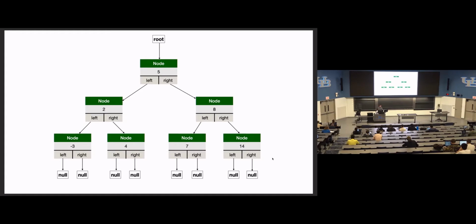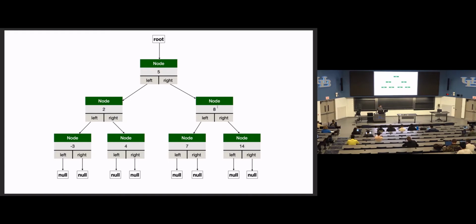So this is a tree where the root node, and the root is like the head of a linked list, is the node that starts the whole tree. The root node has the value 5. Its left child has the value 2. Its right child has the value 8. Its left child's left child has the value -3, which has no children, and a right child of 4, which has no children.